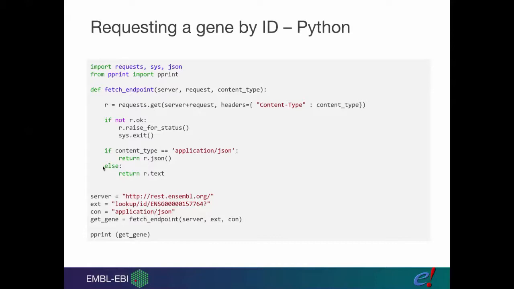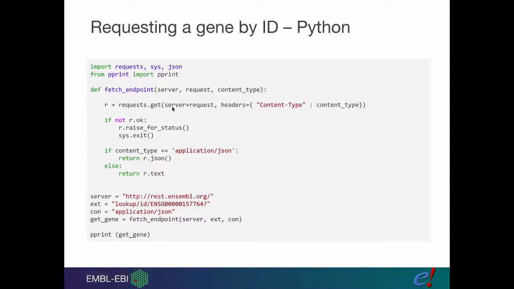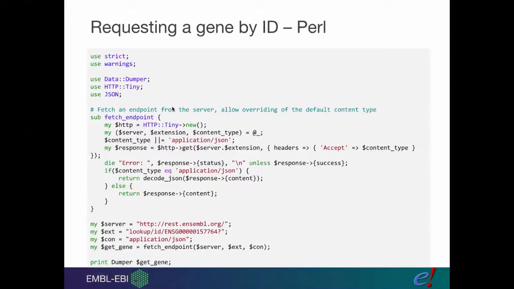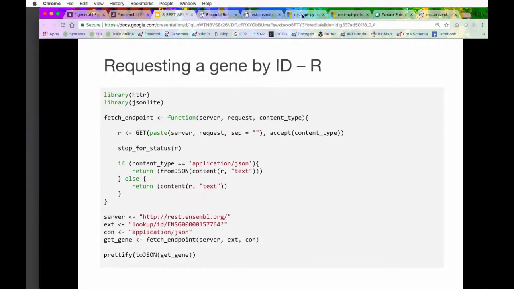We've just got a subroutine here. You fetch the endpoint and you print the results. And this is reusable code that you can use in any script. We have a similar query doing exactly the same thing in Perl, and another query doing the same thing in R.